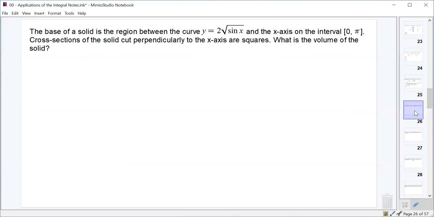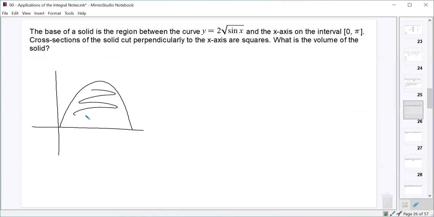We're going to start with this one. We've got the base of a solid is the region between the curve y equals 2 root sine x, which looks about something like that, and the x-axis. So this region right here is the region we're talking about. It's going to be the base of our solid.